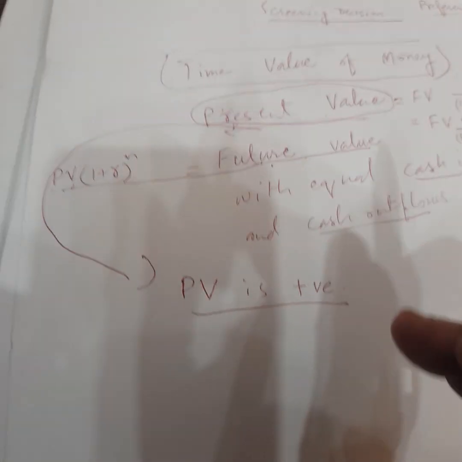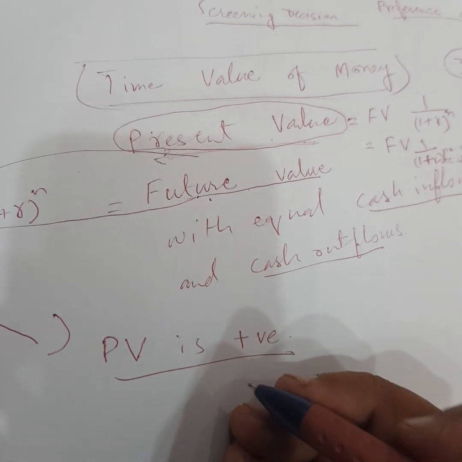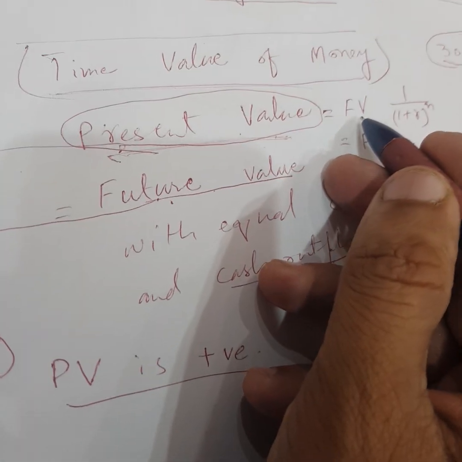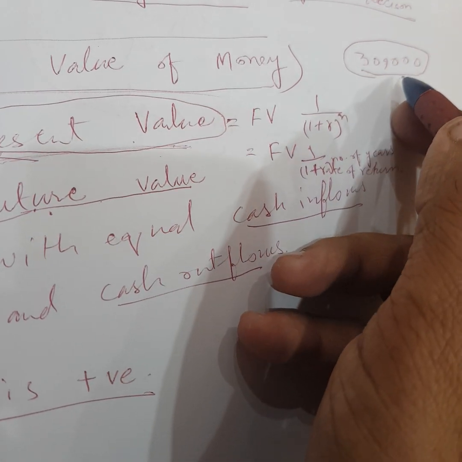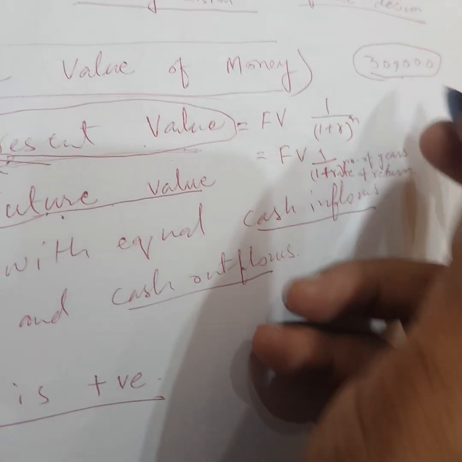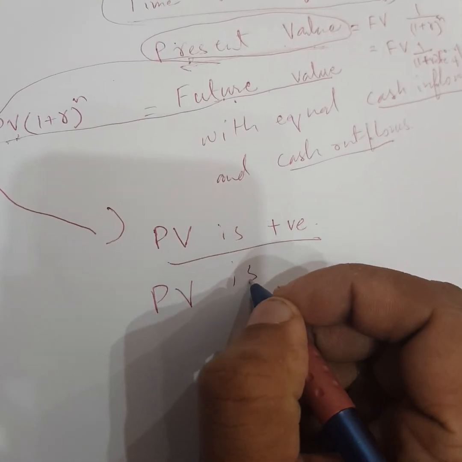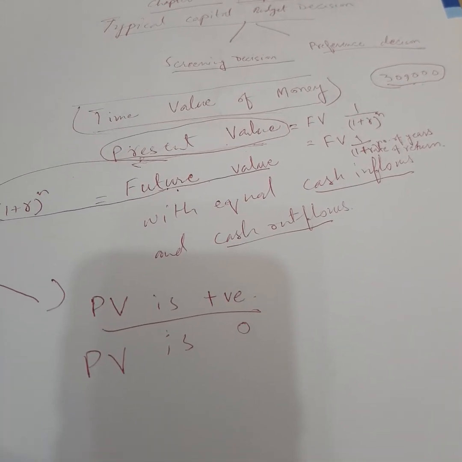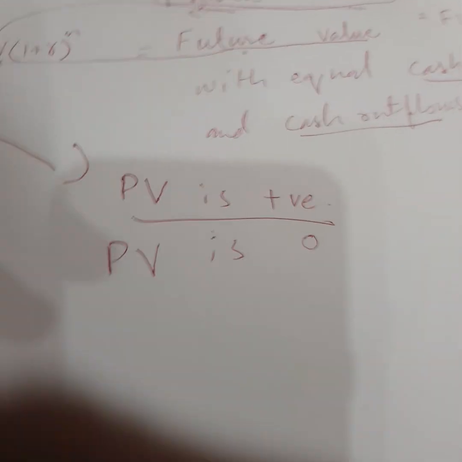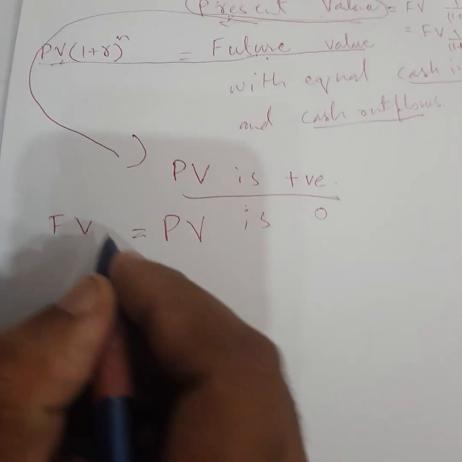It means our present investment will return more in the future. But if the present value is zero, it means our initial investment return in the future will be equal.